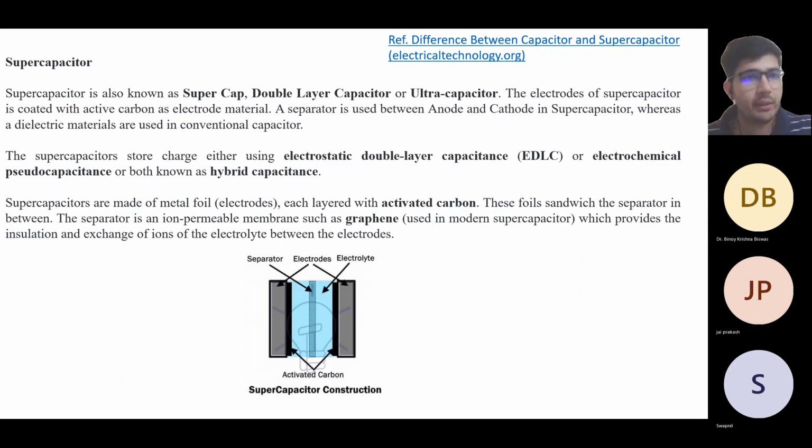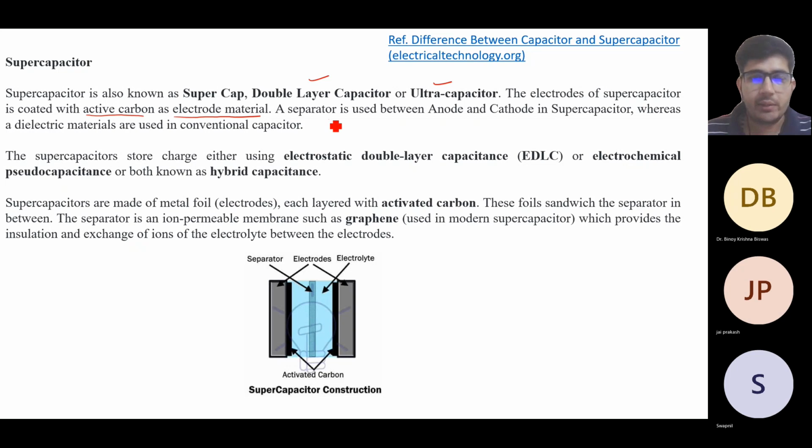And the supercapacitor is also known as supercap, double layer capacitor, and ultra capacitor. The electrode of a supercapacitor is coated with active carbon as electrode material. This is a major difference, that in a capacitor there were no such coatings, but in a supercapacitor these are having a coating of active carbon as electrode material.